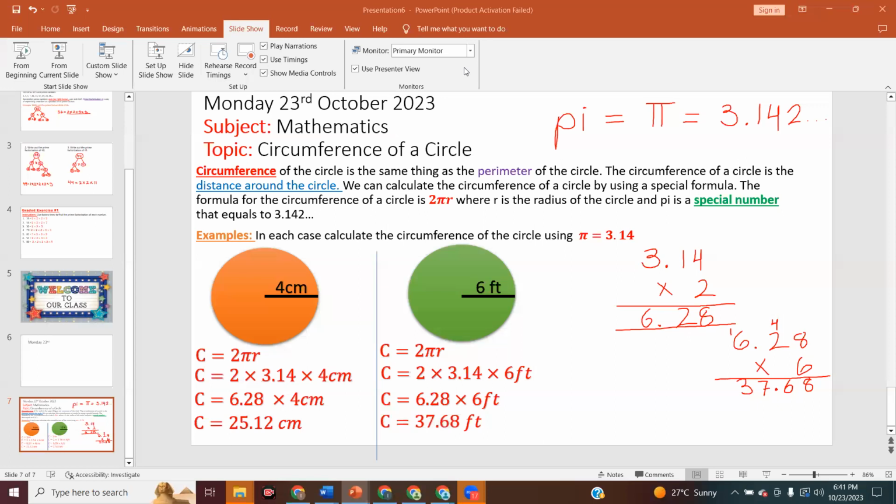How many persons got that? Let me check the chat. Yeah, 37.68. That's what most persons got. Very good. Everybody got that. Okay, perfect.